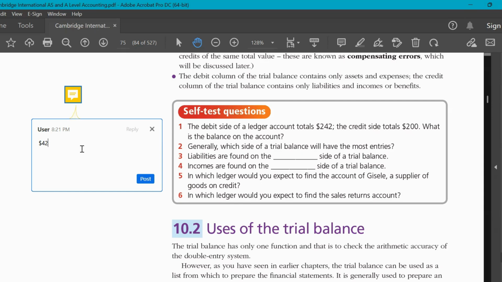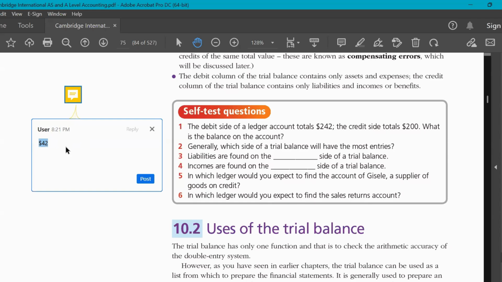So again, what is the balance of the account? 42. But remember, in the trial balance, it should be equal, right? So this $42, we don't know why, is either the asset or the expense. But again, the reasoning is that whichever is larger identifies the balance.